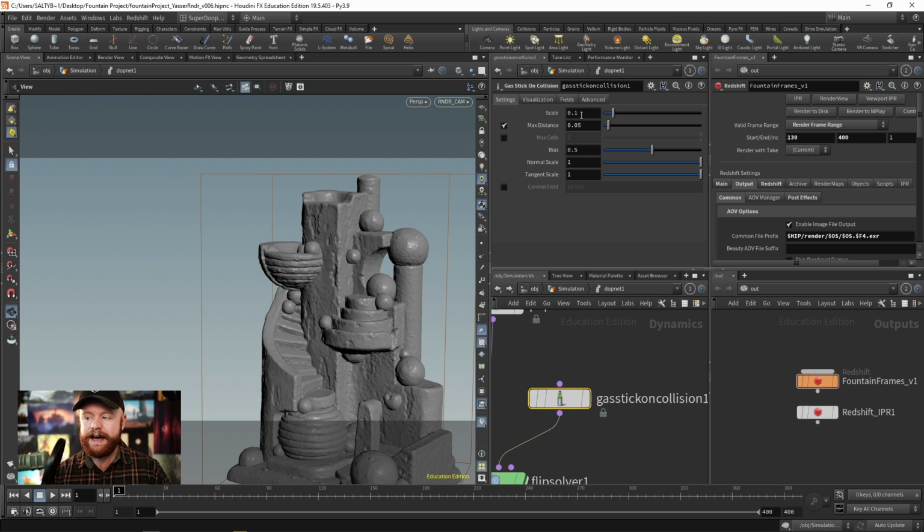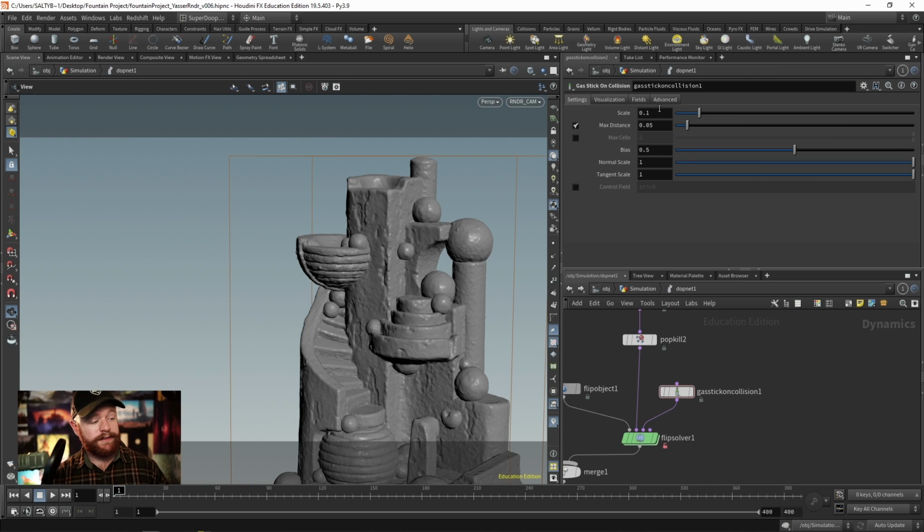So what we have here is basically what I just talked about. The scale right here is asking us how closely should it match the collision velocity of the collision velocity volume. If you're not sure what that means, then check out my Pyro courses where I talk about collision fields and collision velocity fields.